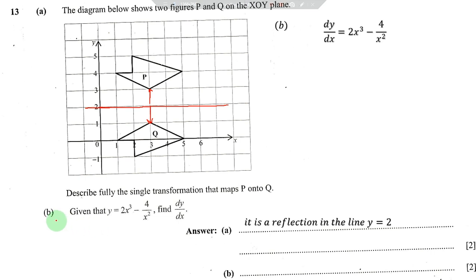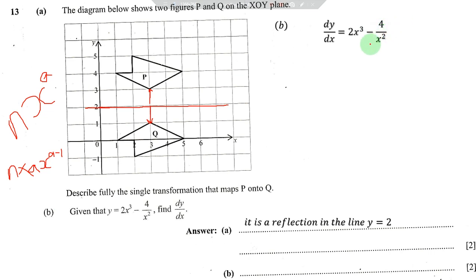Now, to differentiate, you have to understand that if I have something like nx to the power a, this power on the x will be multiplied by the coefficient, so it will be n times a, then that power on the x will reduce by 1. It means you have differentiated there. So let us differentiate this one.